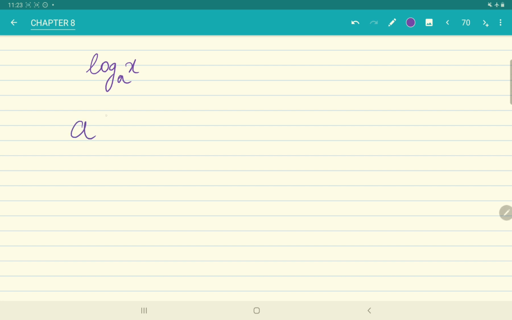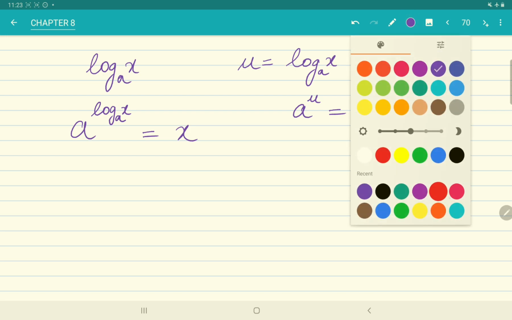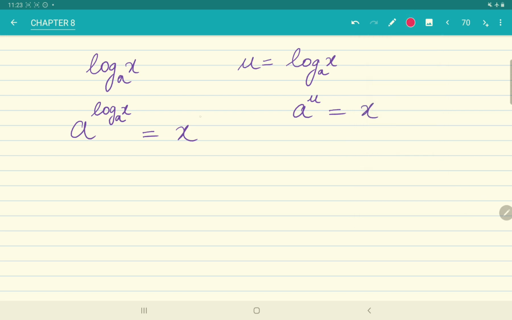So a raised to the power log of x to the base a is equal to x, and u is equal to log of x to the base a, given that a raised to the power u is equal to x. So this is something we have to keep in mind. When I write log of x to the base a, it is the power to which I have to raise a in order to get x.